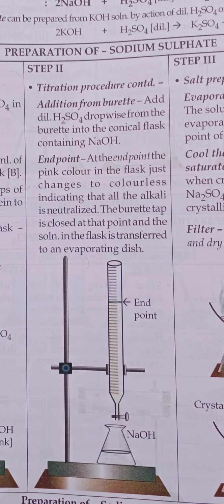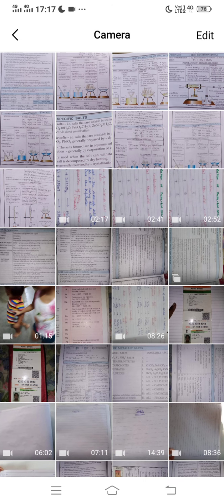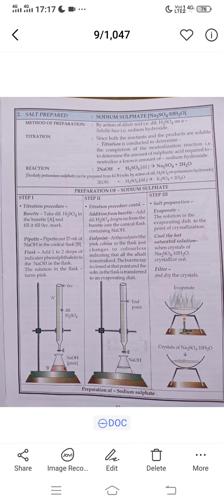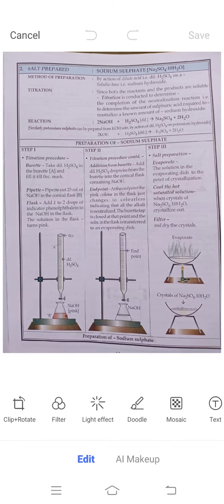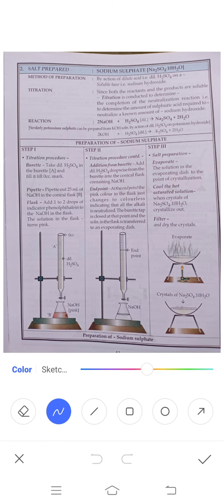The amount of H2SO4 being added from the burette can be measured from here. You can record the reading from 0 up till how much it has been used. So that much measurement you can calculate using your burette only, whether you have added 10 ml, 15 ml or 25 ml of H2SO4 solution.